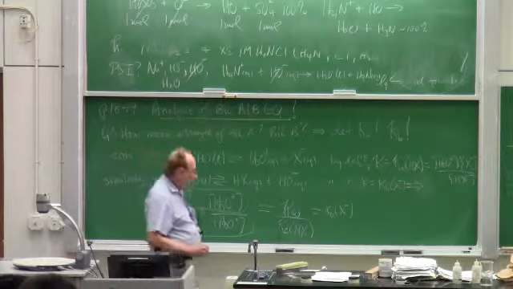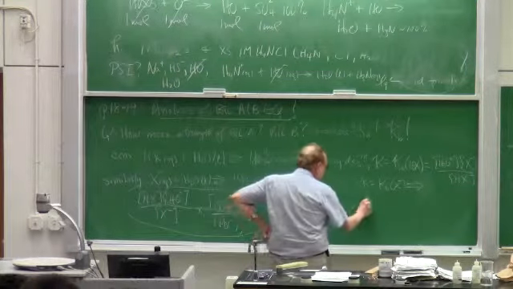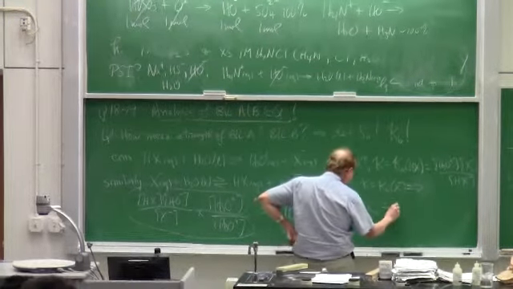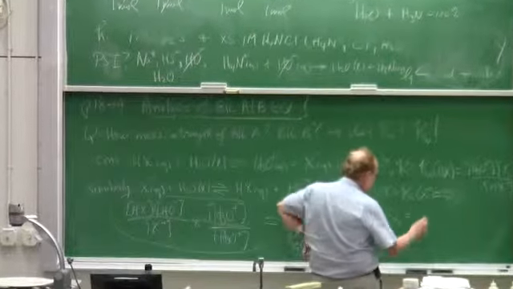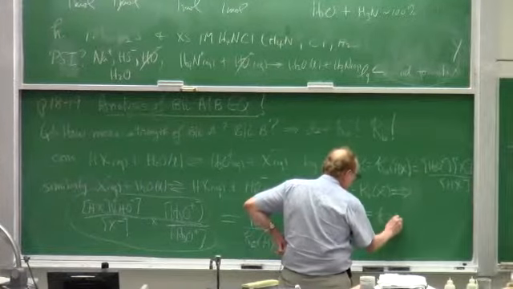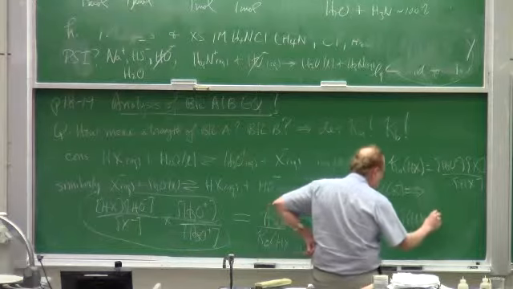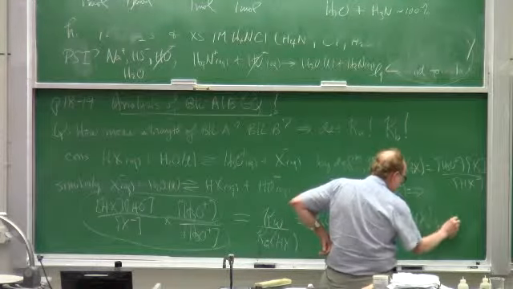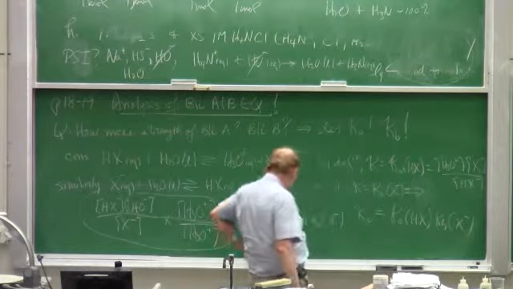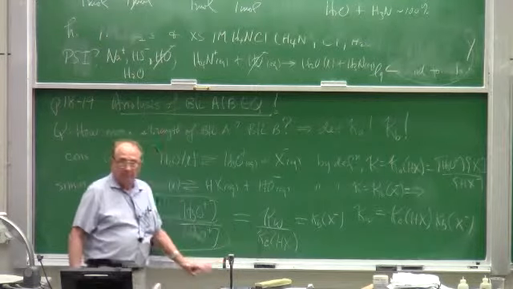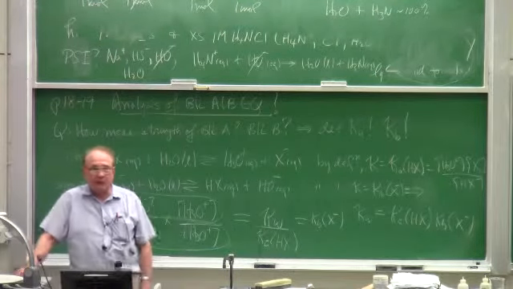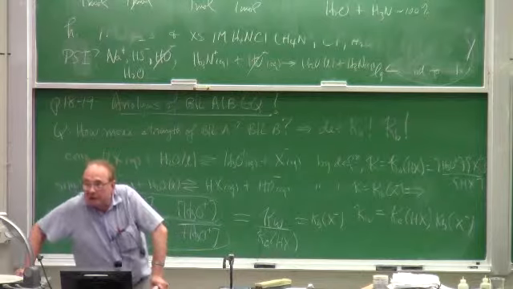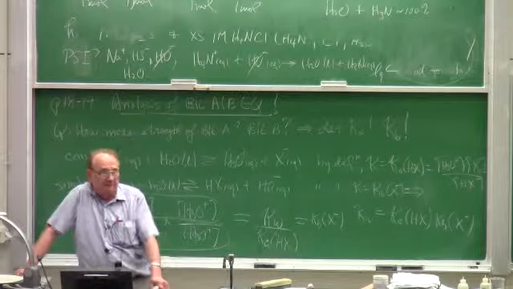So we've now recognized something. Kw is always equal to, in water solution, the Ka value for a given acid multiplied by the Kb value for the conjugate base of that acid.